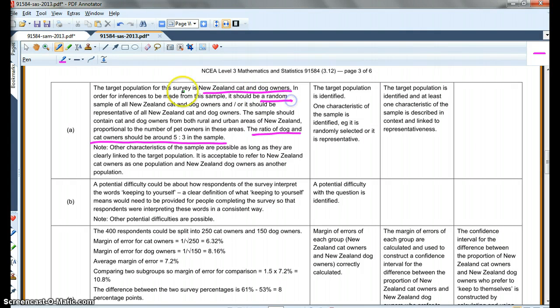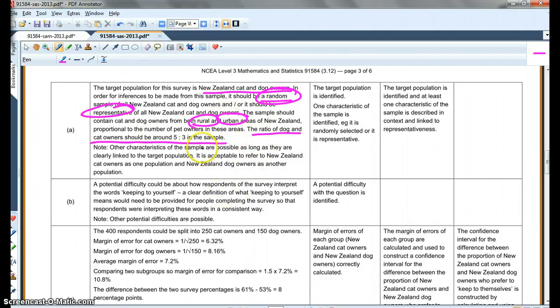We did the randomness of all cat and dog owners in New Zealand, and it should be representative. So we talked about randomness and representative. This is just better language. The sample should contain cat and dog owners from both rural and urban areas of New Zealand, and proportional to the number of pet owners in these areas.